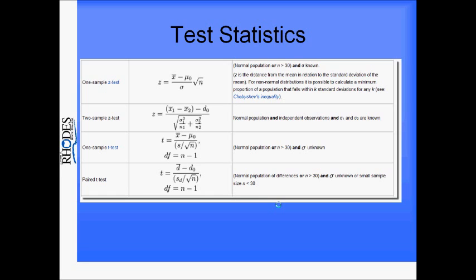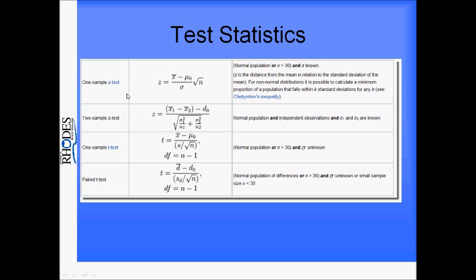For example, there are two different z-tests I have here, and keep in mind your calculator does all these different types of tests, so don't worry about doing the math. That can look pretty scary, but don't get hung up on it. I just wanted to show it so you know it exists. And this calculation is your test statistic in each of the different situations.